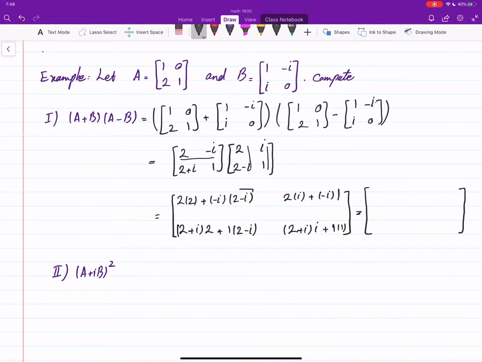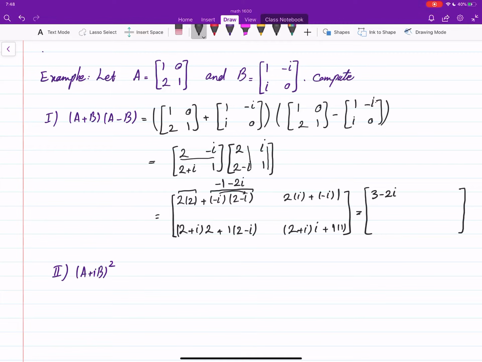For example, look at here. Minus I times 2 plus I, it's going to give us minus 2I minus I times I, which gives negative 1 minus 2I. There's a 4 here. 4 minus 1 minus 2I. This is 3 minus 2I. How about this one?